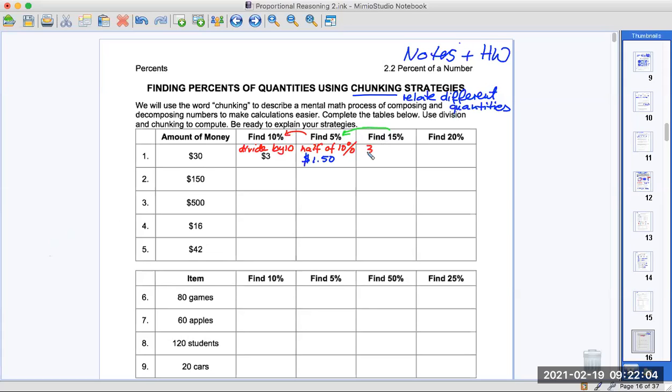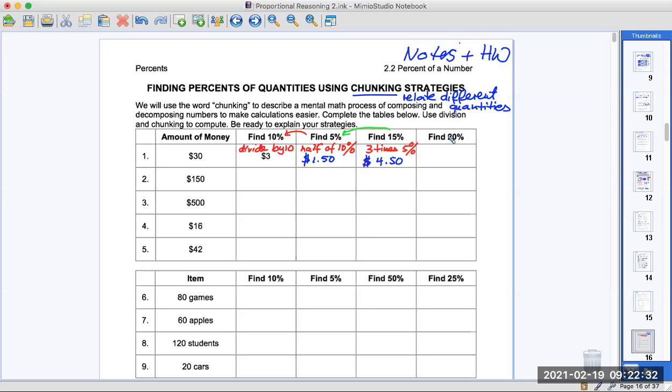So I'll put that here, 3 times the 5% column. 15 is 3 times 5. So that means it's 3 times this amount. So 150 times 3, use your calculator. Check it out, 150 times 3 is 450.